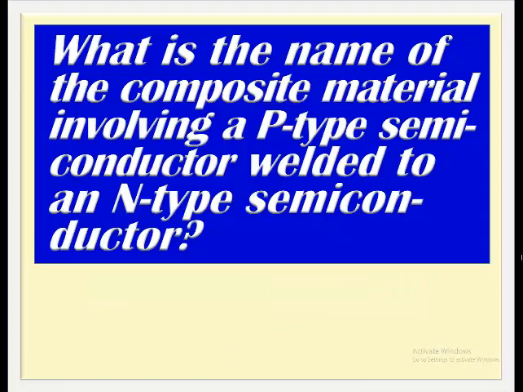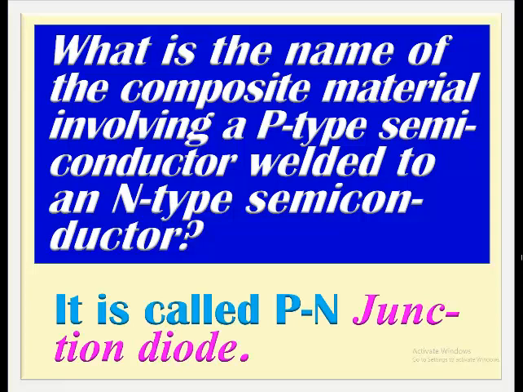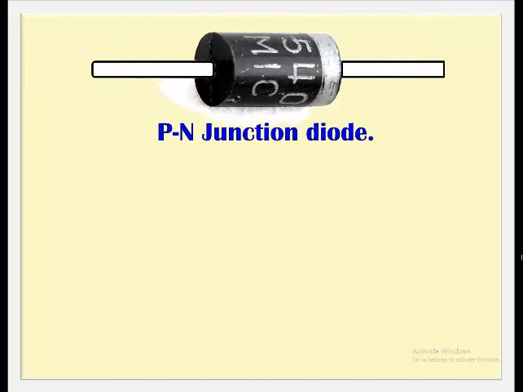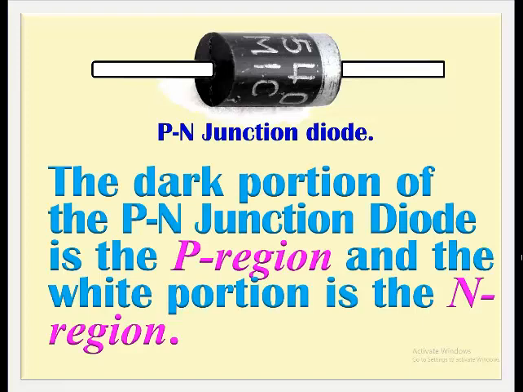What is the name of the composite material, involving a P-type semiconductor welded to an N-type semiconductor? It is called P-N junction diode. This picture illustrates the P-N junction diode. The dark portion is the P region, and the white portion is the N region.